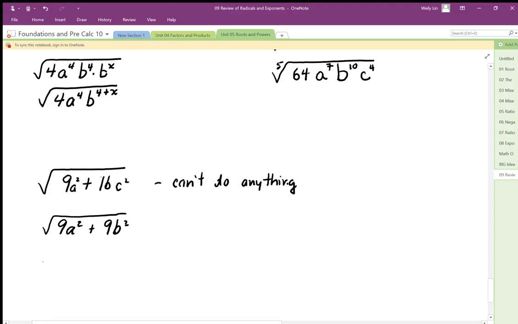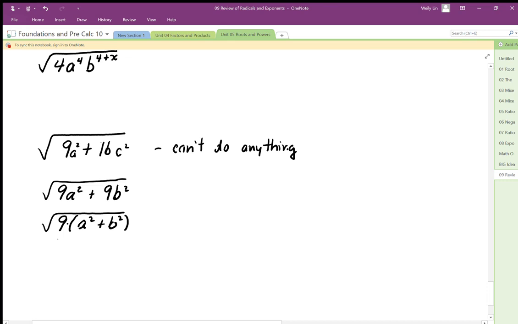However, if I can express this as multiplication, or in other words, factor, okay, so now I have a times here. That 9 is a multiplying factor. A squared is not a multiplying factor, so we cannot do roots on it. So I can then apply the square root to the 9, but then I'm still stuck with that plus, so we can't do any squares or square roots across that plus.